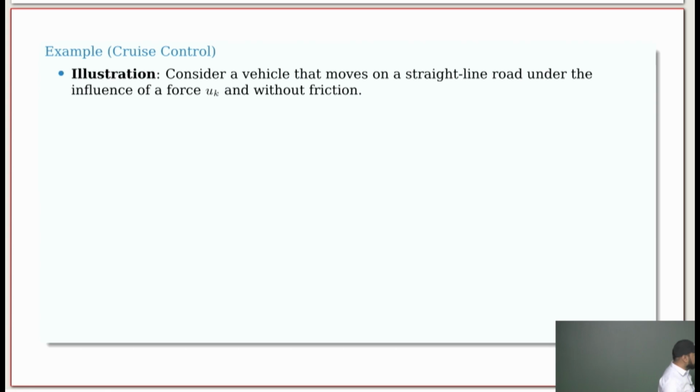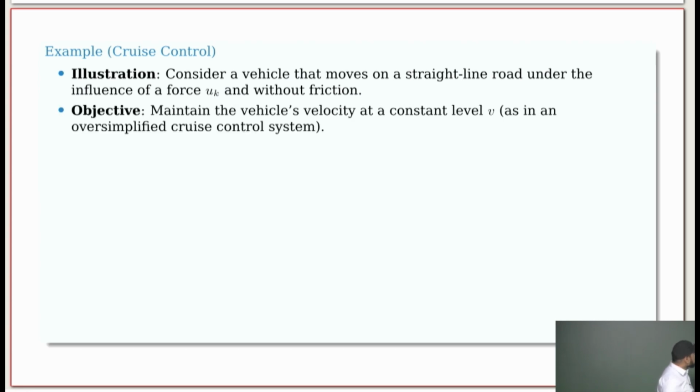Force will depend on the weight of the car. So this force will be multiplied with the B parameter, which accounts for the weight of the car. The more the weight of the car, the more force is required to increase the speed. With that in mind, we are assuming a constant friction throughout, or not too much influence of friction right now. So the objective is to maintain the vehicle's velocity at a constant level v. The velocity that we want to maintain, the cruise speed, is v. Okay.